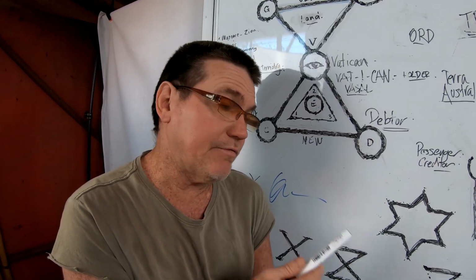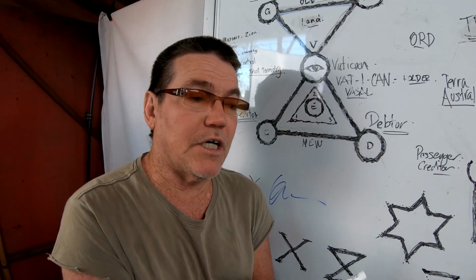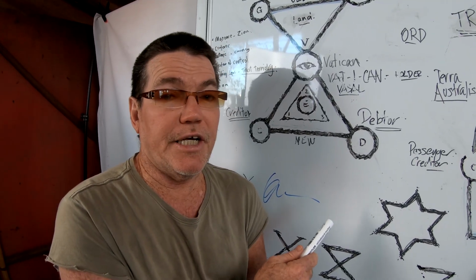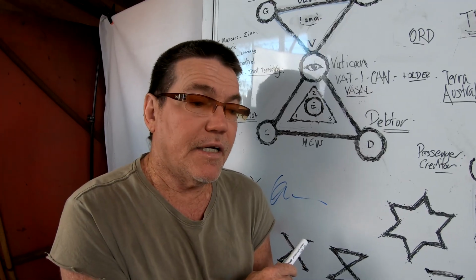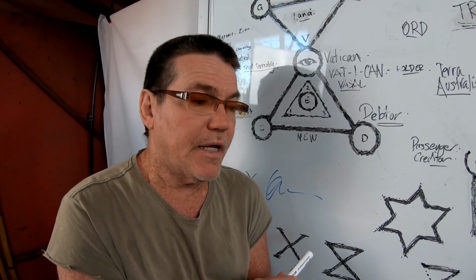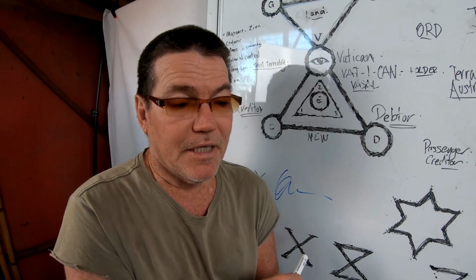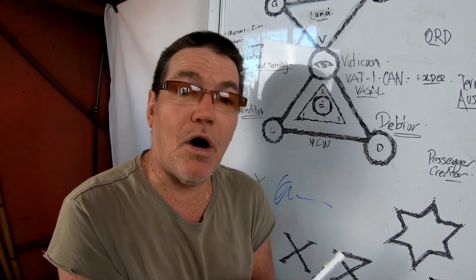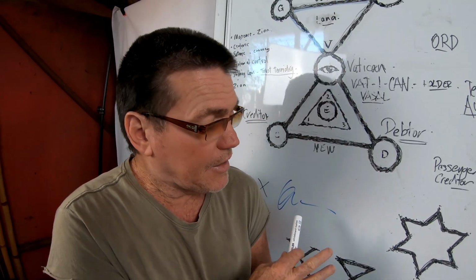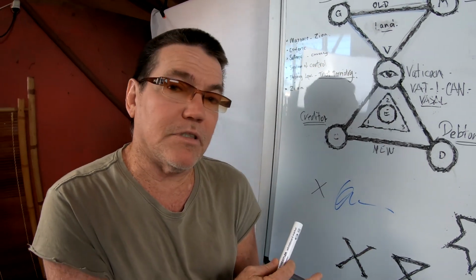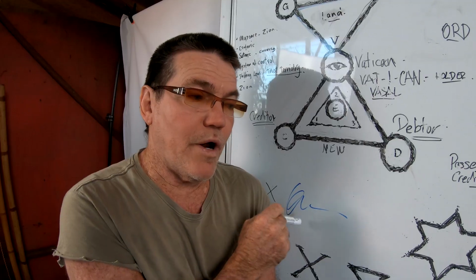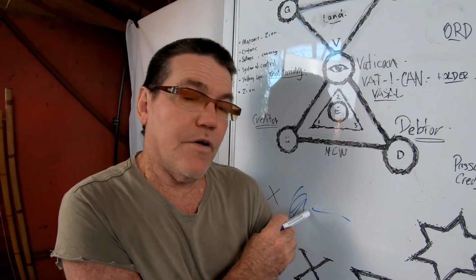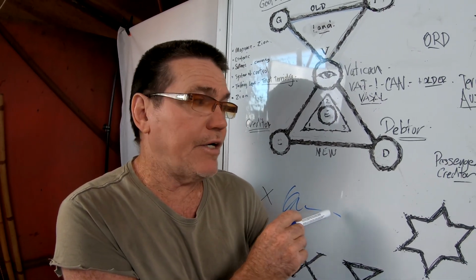And as I've said before, the word sign is S-I-G-N, and the G is simply the governing of sin. It's a Gnostic system. It's hidden. It's an occult.